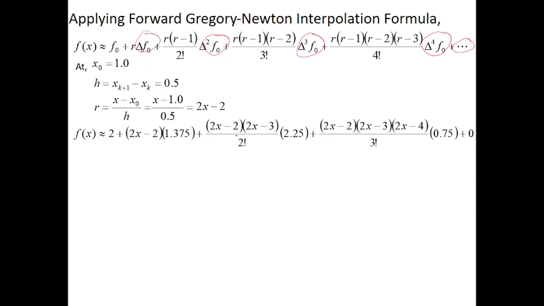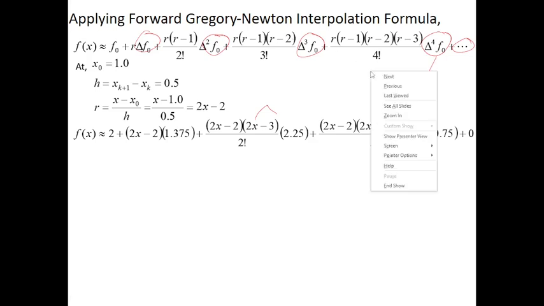And we will arrive at this solution. So r is 2x minus 2. 2x minus 2 minus 1 is 2x minus 3. 2x minus 2 minus 2 is 2x minus 4, and so forth. As you notice, delta to the fourth f sub 0 is already eliminated because it is 0 based on the table.